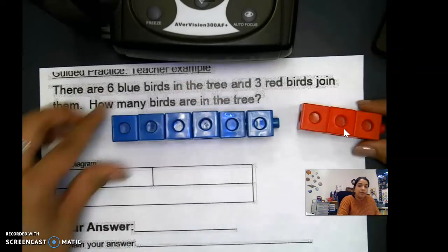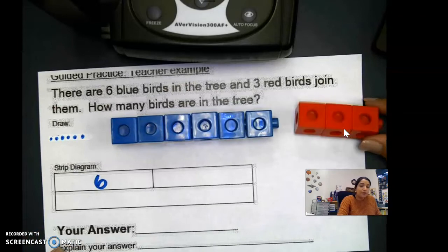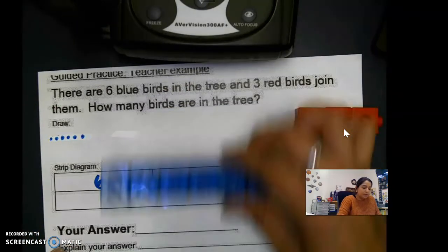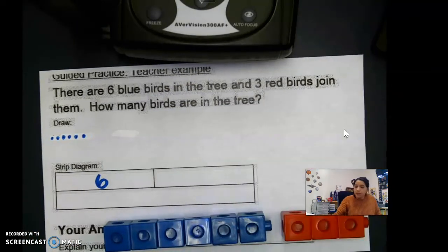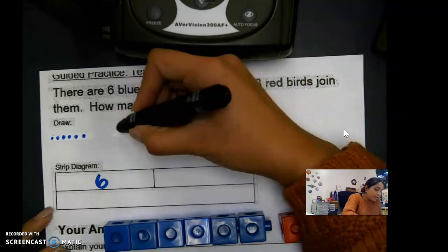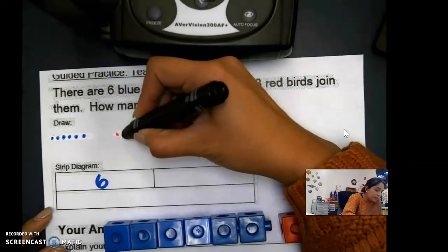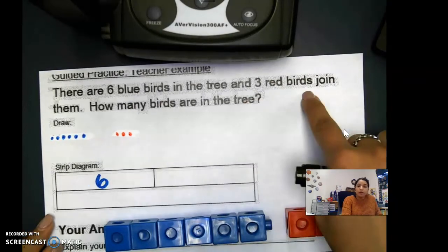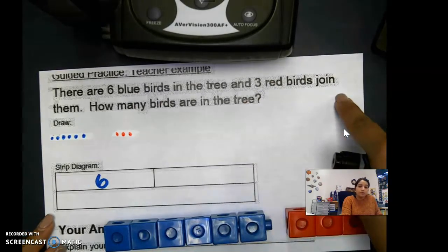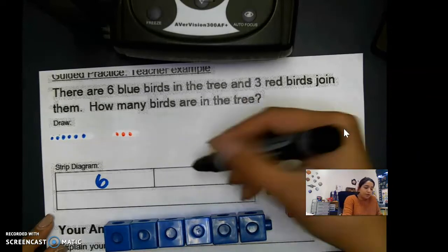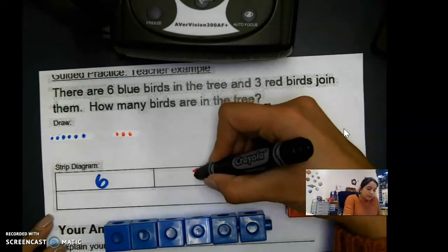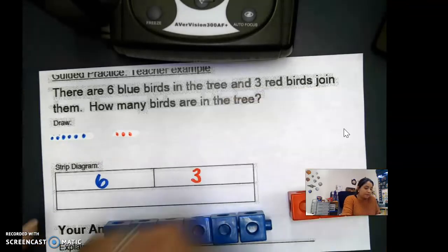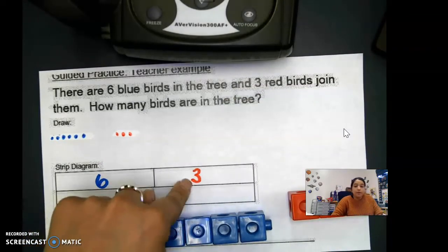So I have 3 red linking cubes for my 3 redbirds. Now I'm going to draw 3 circles for my 3 redbirds. And now we have our other part, 3 redbirds. So that is another part of our strip diagram. So I'm going to put 3 right over here.